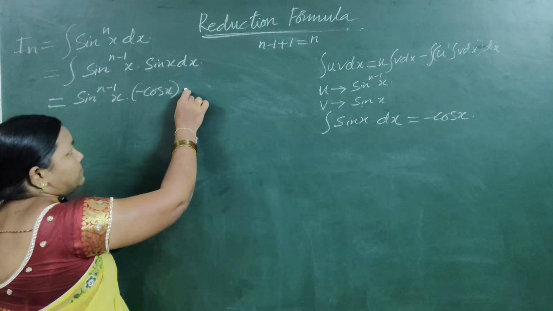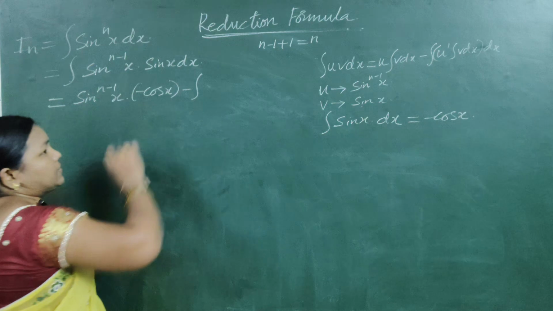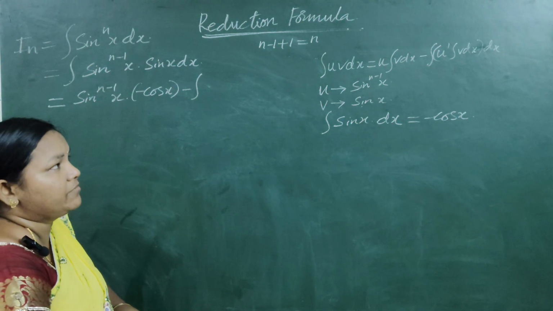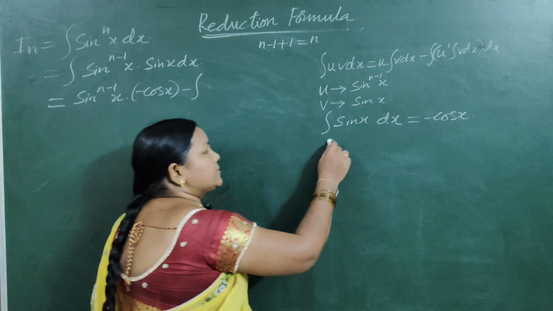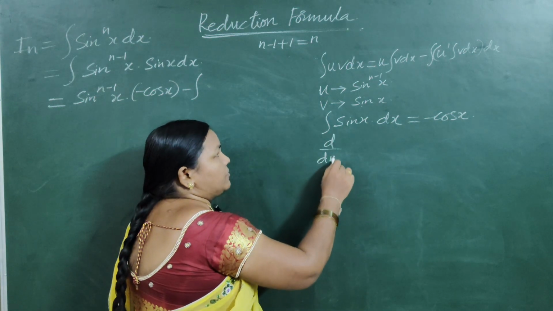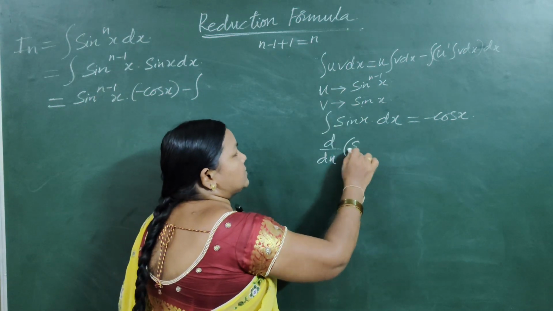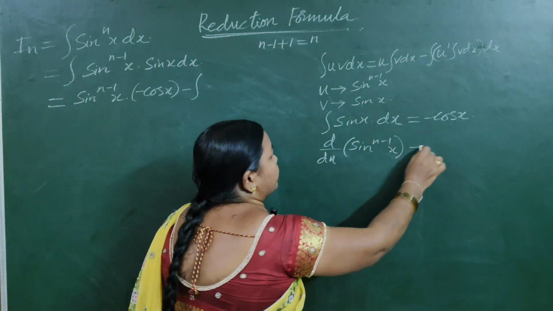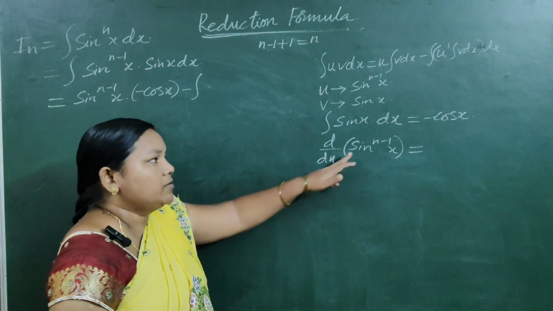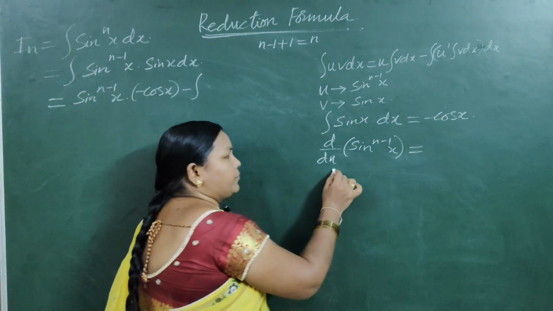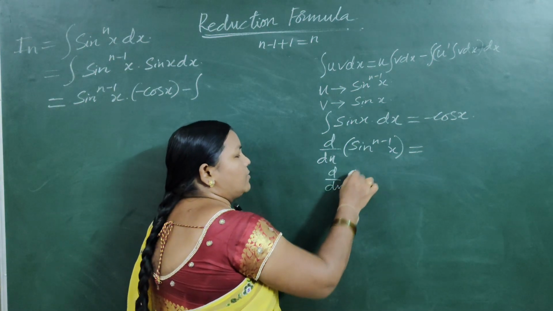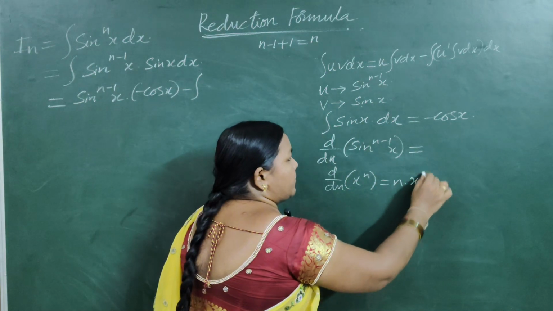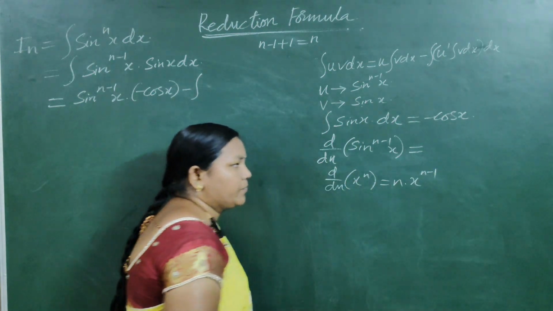Next in the formula is minus integration symbol. Next, differentiation of u. U dash means differentiation of u. That is d by dx of sine to the power of n minus 1 into x. Now it is in the form of x to the power of n. D by dx of x power n is n into x to the power of n minus 1.